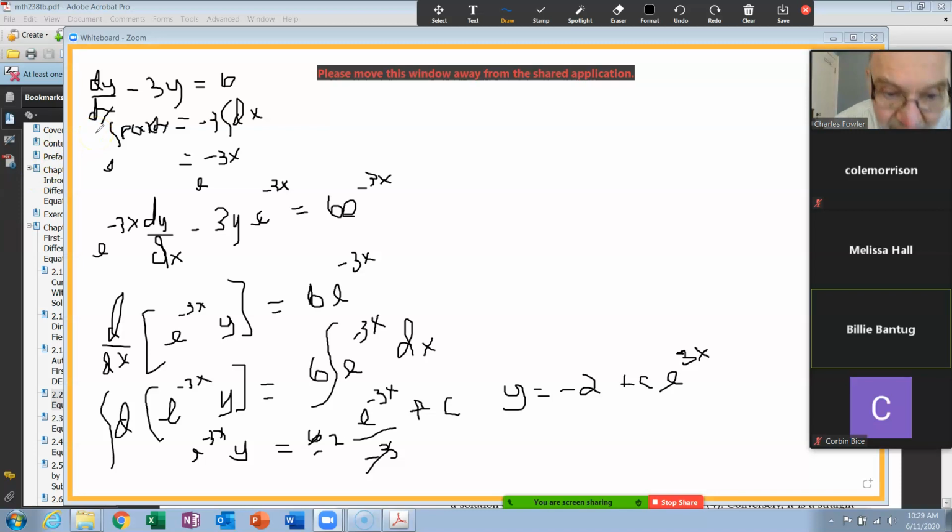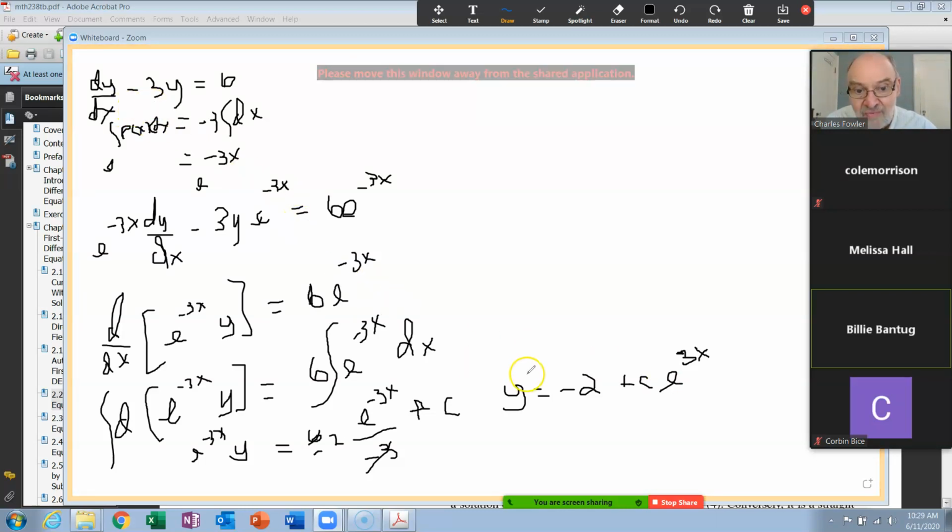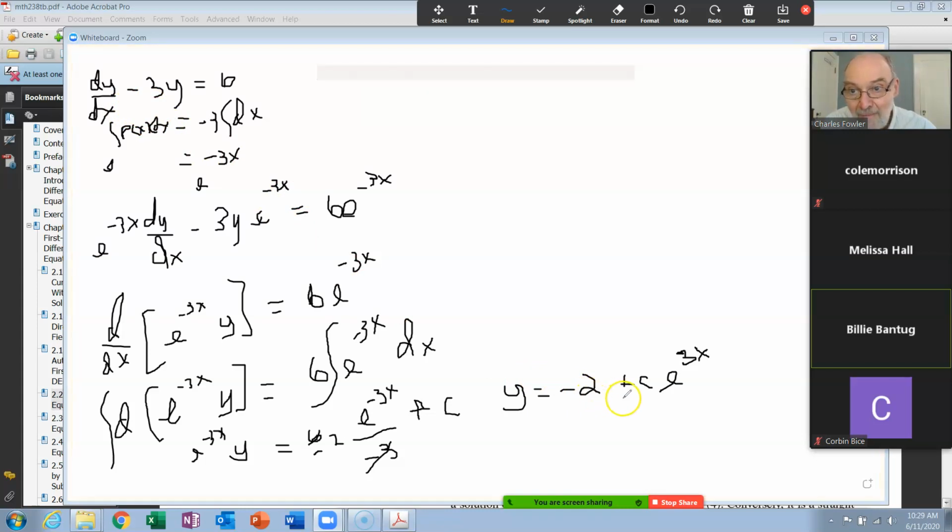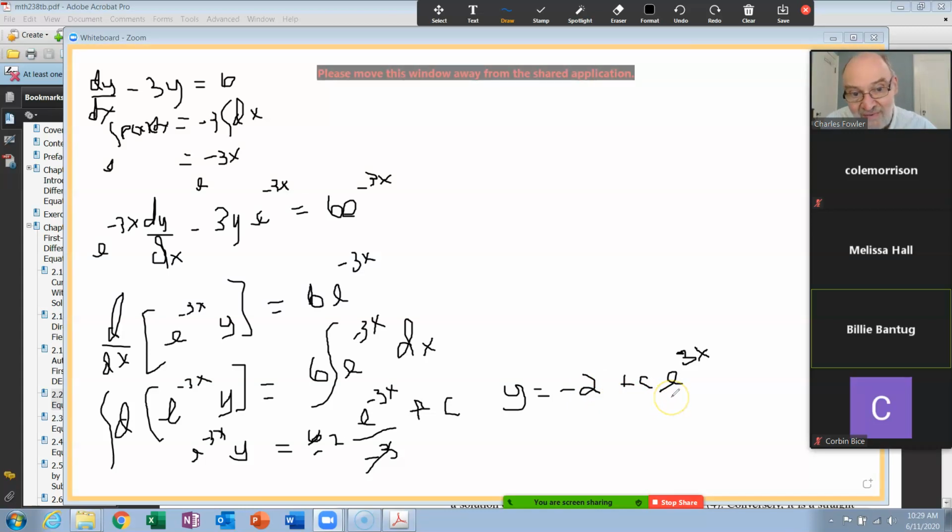Now, let's just do a quick check and see. If you take the derivative of this thing, that goes to 0, and this gives you 3c e to the 3x minus 3 times a minus 2, that's a plus 6, minus 3 c e to the 3x plus c.